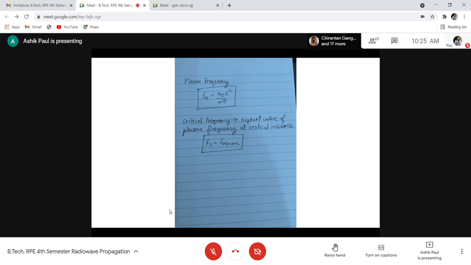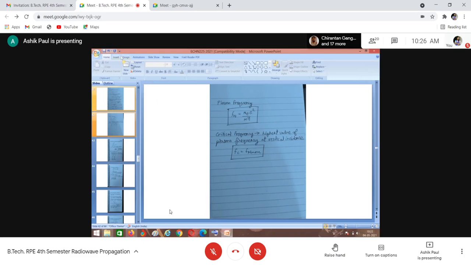Just to get an idea of the typical values of this f, can I ask you to do one very simple calculation? We now know the maximum electron or ionization density for the different layers.